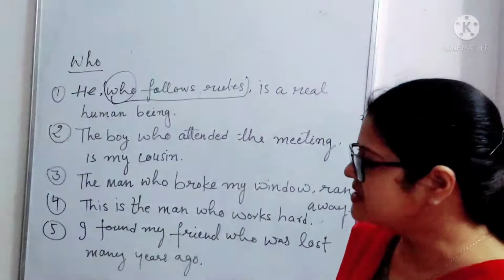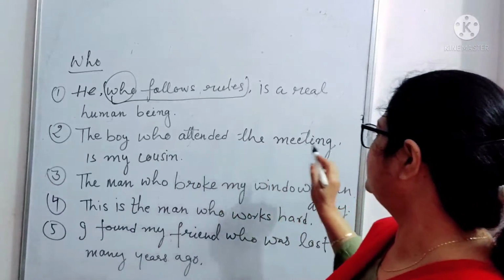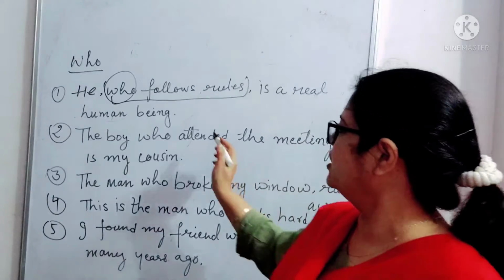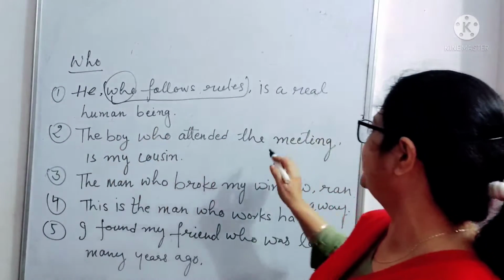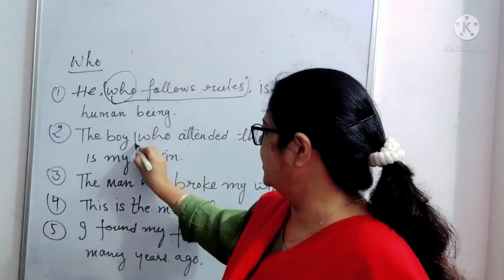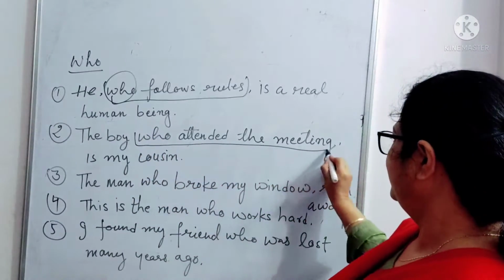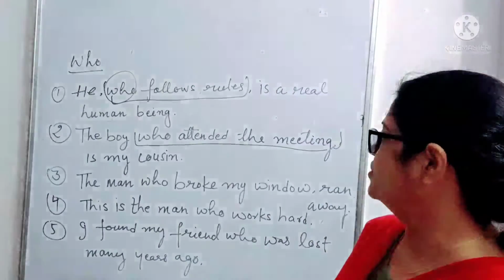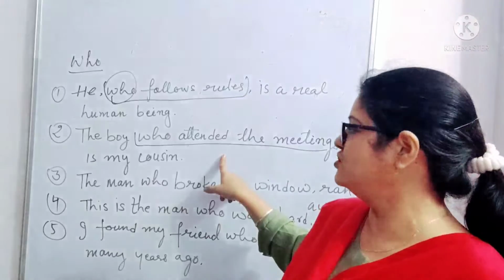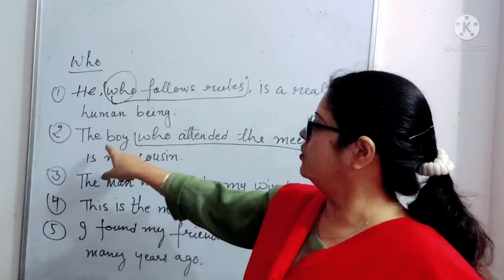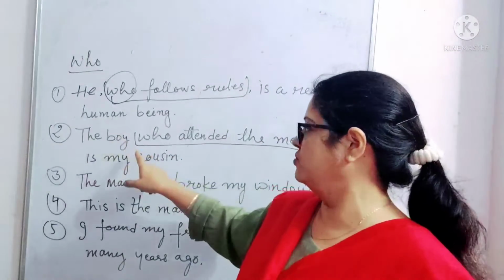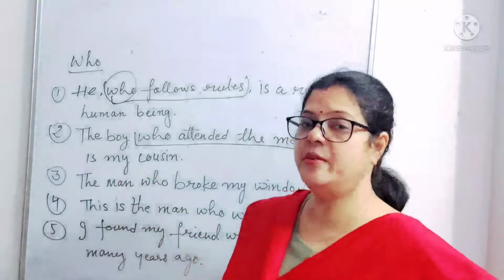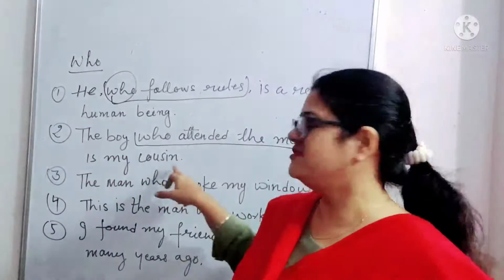Now the next sentence: the boy who attended the meeting is my cousin. In this sentence, which boy are we talking about? The boy who attended the meeting. Till here we have a subordinate clause, a subordinating adjective clause, which is telling about this boy in the main clause. Actually the principal, or independent, clause is "the boy is my cousin."